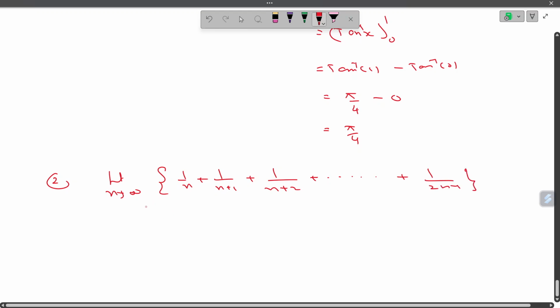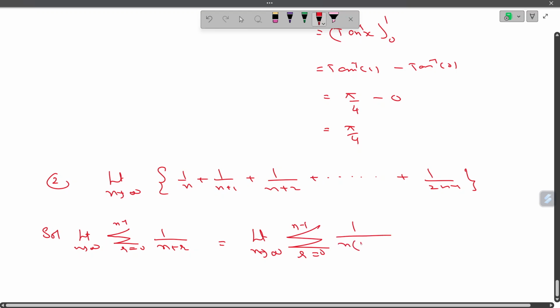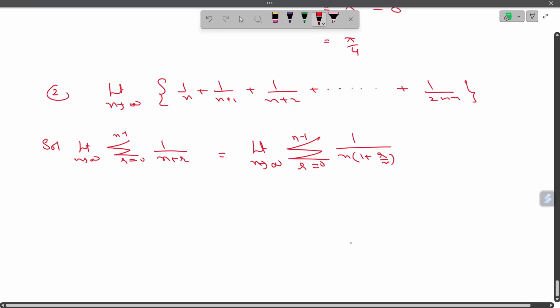See here, this can be written as limit n tends to infinity summation r equal to 0 to n minus 1 of 1 by n plus r. This is the same as summation of 1 by n times 1 by 1 plus r by n, if you take n common.